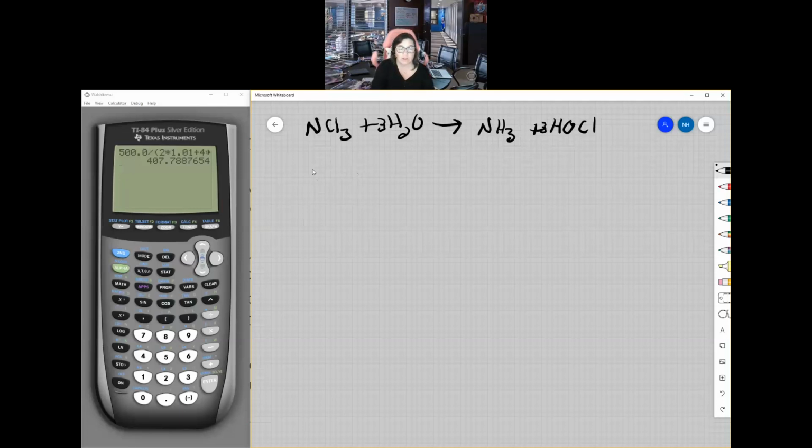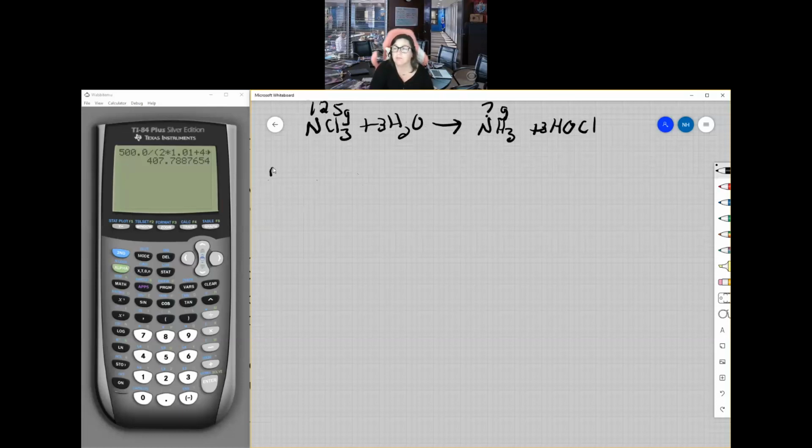125 grams nitrogen trichloride is used. 125 grams. And how much ammonia is produced? And again, I put this as a mass. Okay, awesome. Well, again, when in doubt, convert to moles.